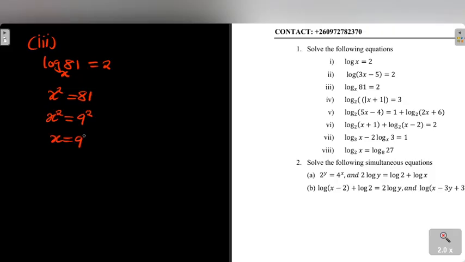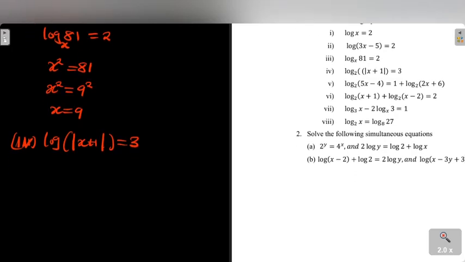That's what we have. Then moving to part 4, we have log of open brackets, the modulus of x plus 1, this is equal to 3.